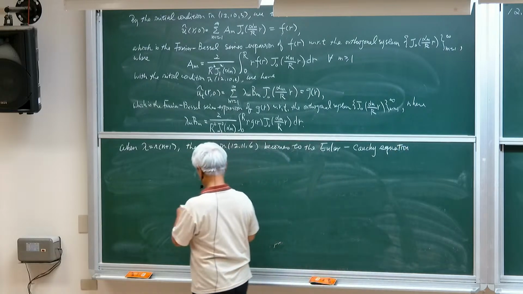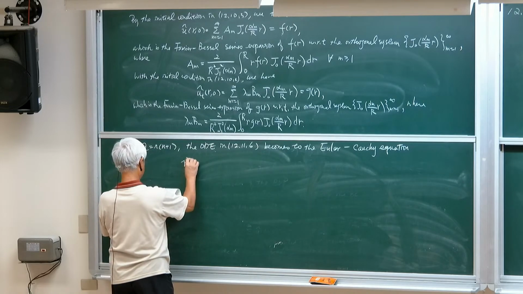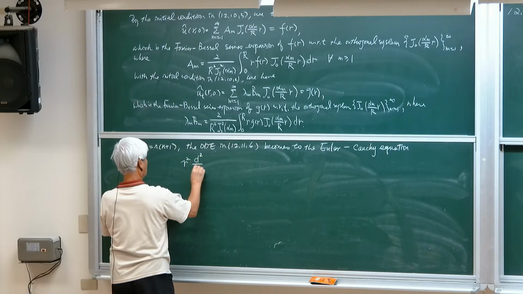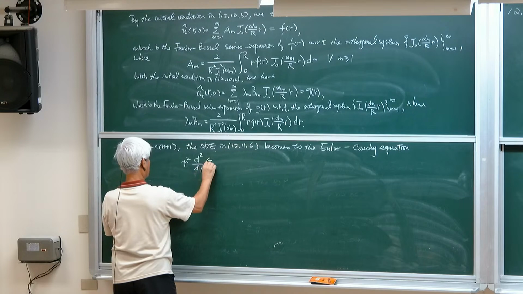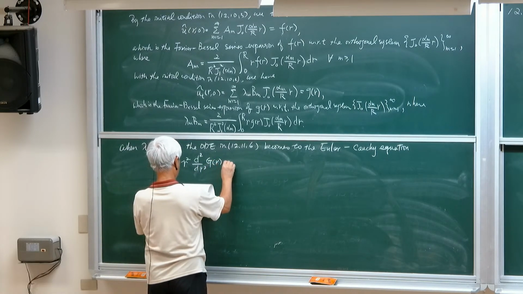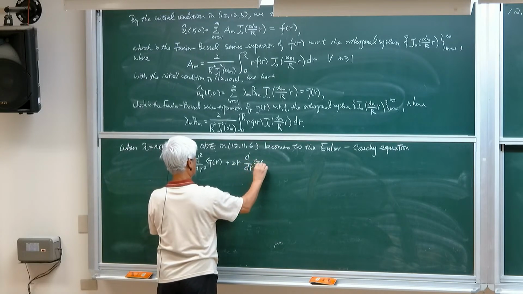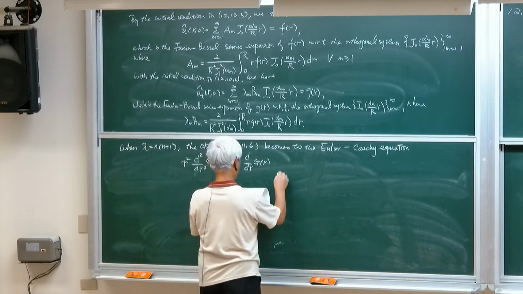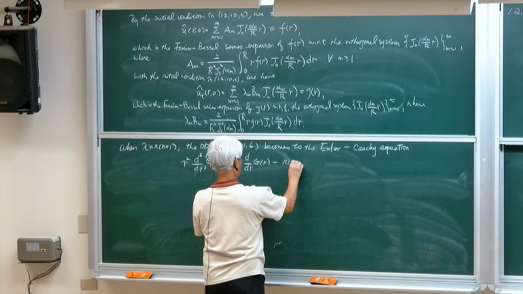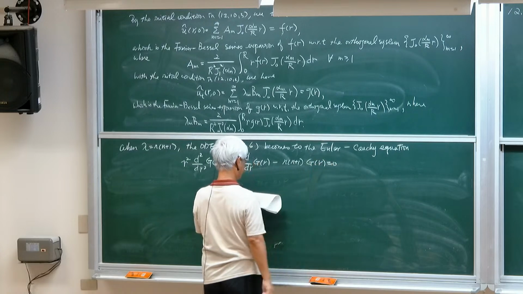Okay, so we write it down: r square d square G dr square plus 2r dG dr minus n times n plus 1 G equal to 0.